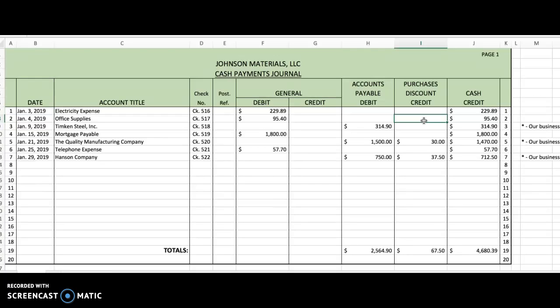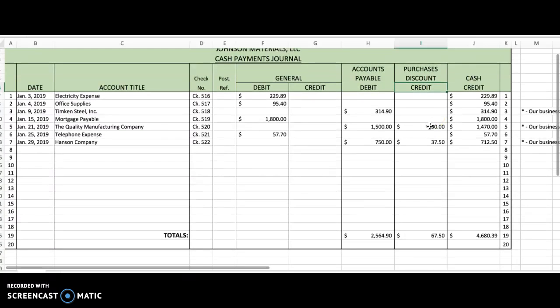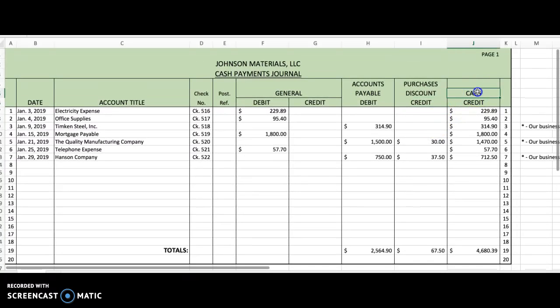Companies will give us some terms that will allow us to pay early and at a reduced price. This is called a purchases discount, and it is going to be a credit, as we'll see in a few minutes. And then the final column, cash credit, and as you know, cash will decrease on the credit side.